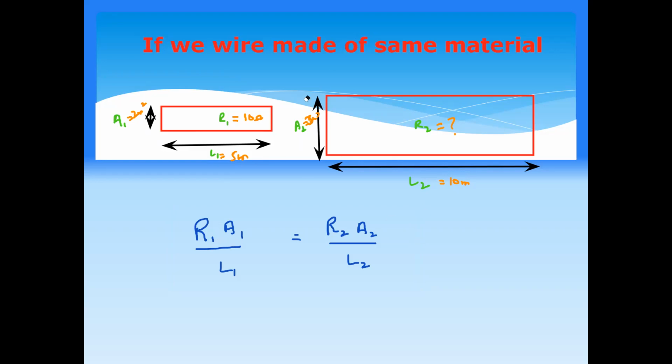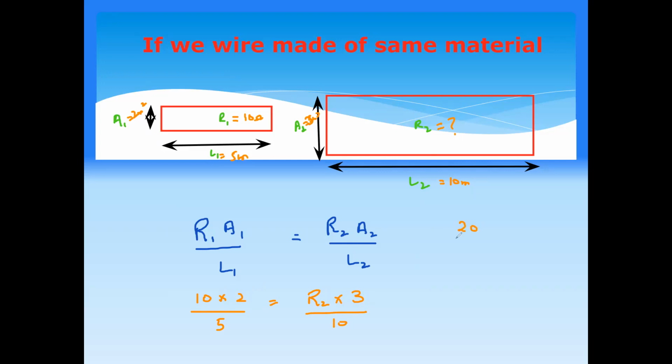R1 is the first resistance. Originally it was 10, multiplied by A1, that is 2, divided by L1, the length, that is 5, equal R2, which we don't know, times A2, that is 3, divided by L2, that is 10. When we simplify this, 10 multiplied by 2 is 20.